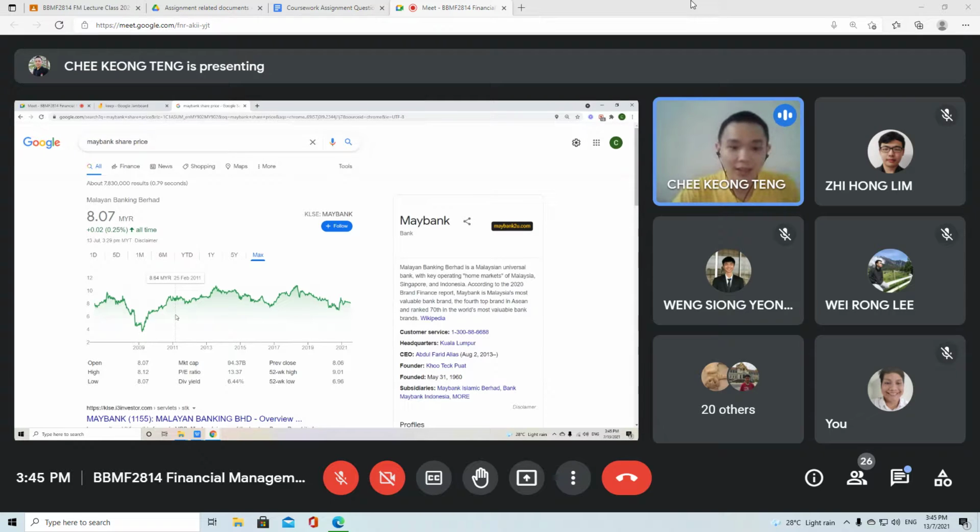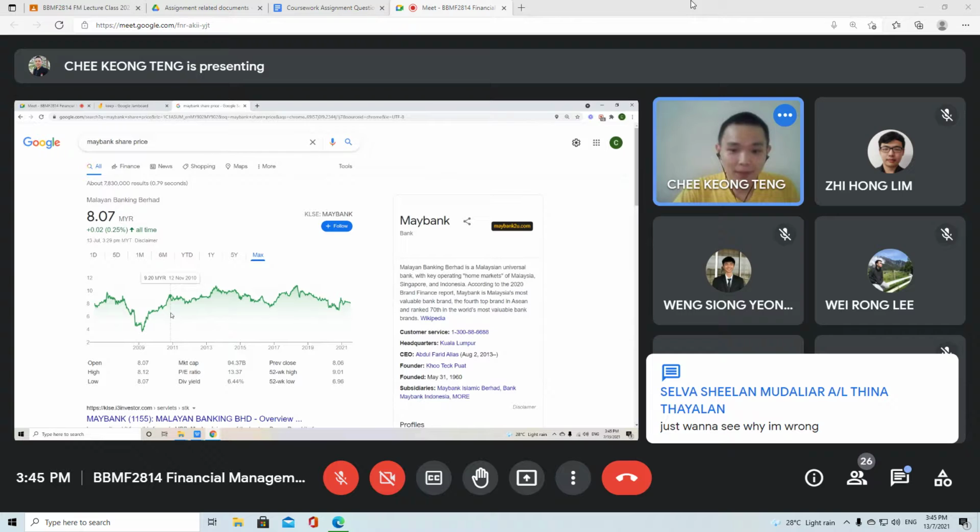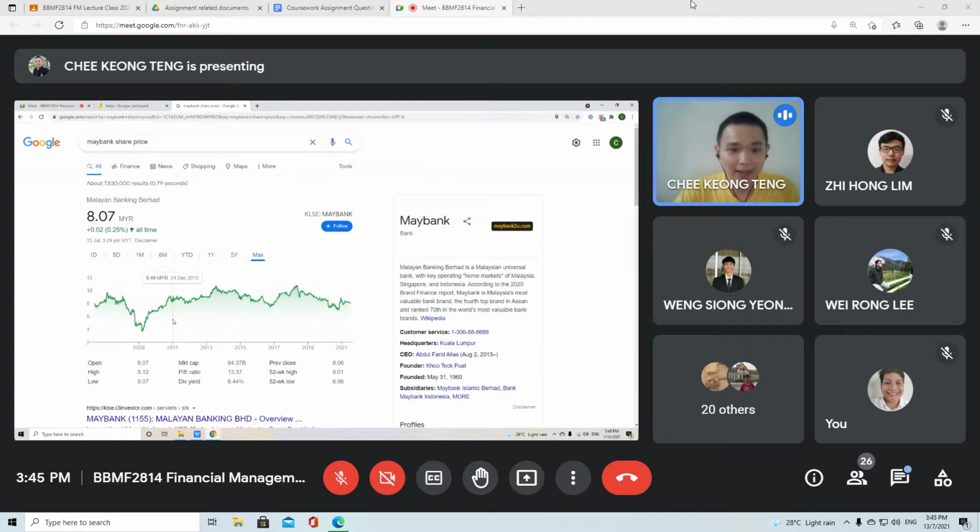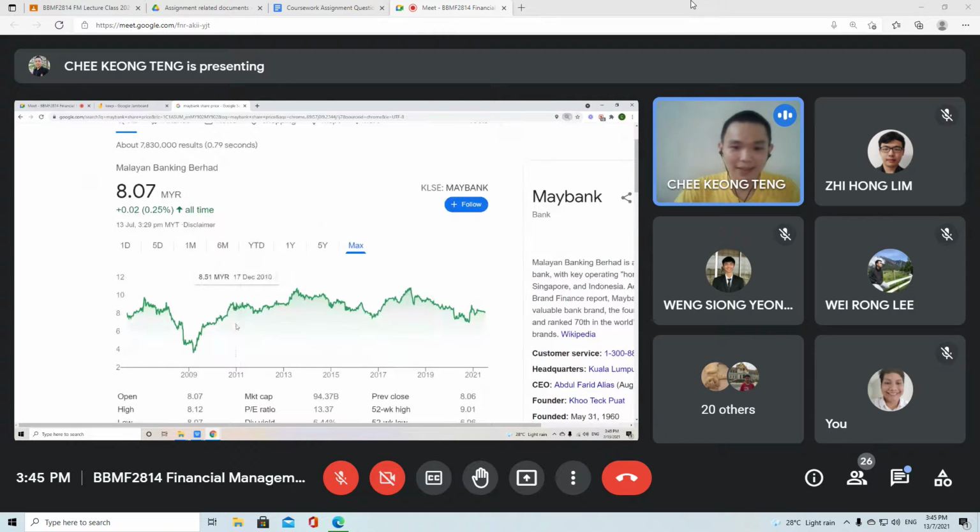If you purchased Maybank 10 years ago and held it until today, is there any gain you can get? I think it's a loss, 8.49 until today is like 8.07. So is there any growth in this company? No, because the banking industry has already matured. It has already stabilized, we call that.